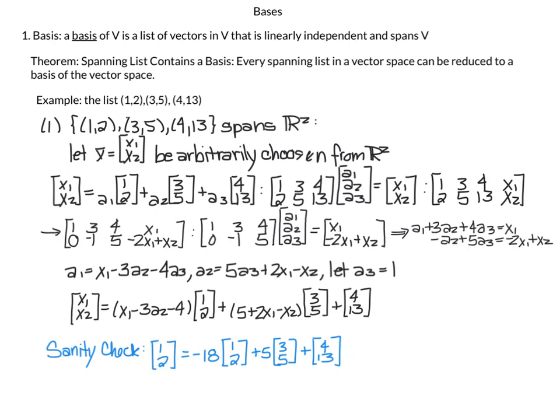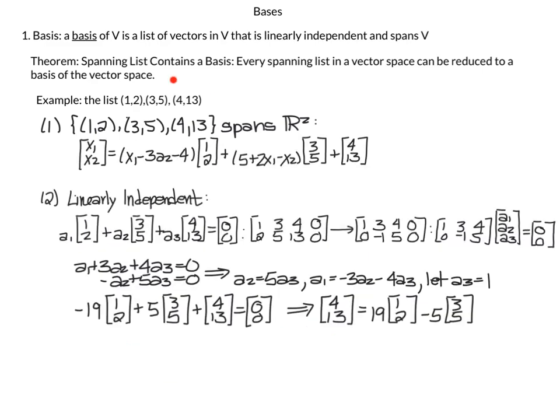So my sanity check gives me a warm feeling about the arithmetic I've done here. So I believe I have my A1, A2, and A3 figured out for an arbitrarily chosen x1, x2. And I'm going to conclude that the vectors 1, 2, 3, 5, and 4, 13 span R2.